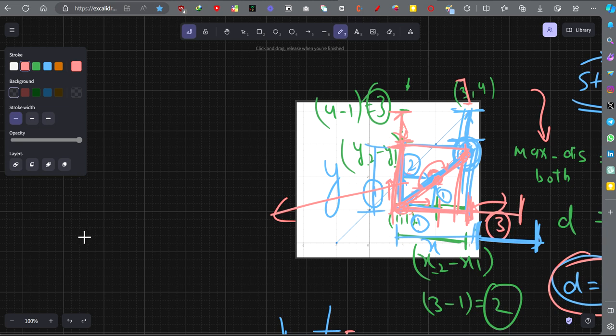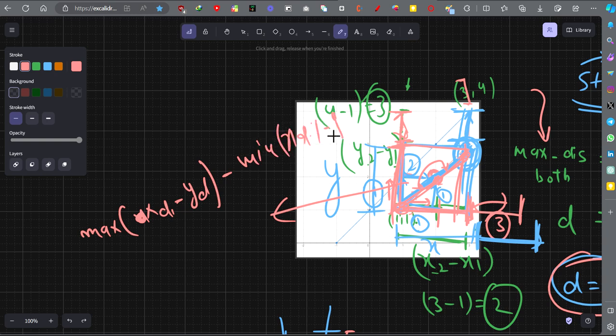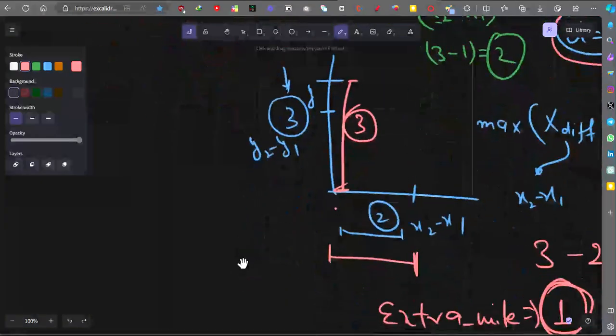That will be given by the maximum of x difference and y difference, and if you subtract the minimum of x difference and y difference, that will give you the extra mile. That is what we have done.